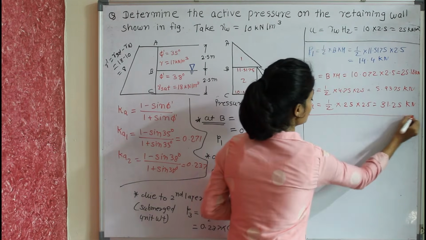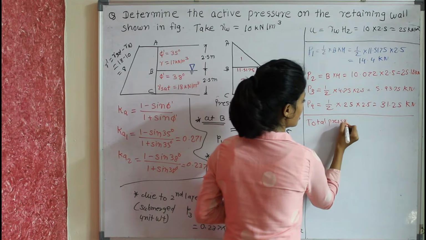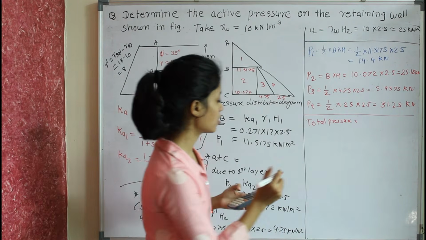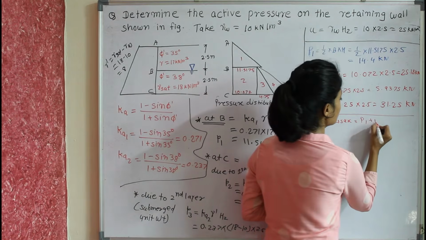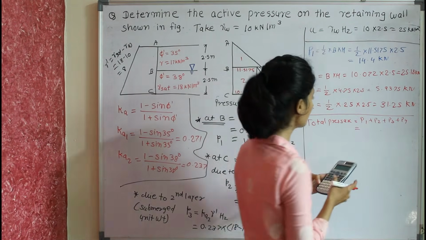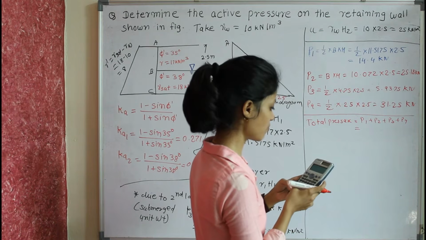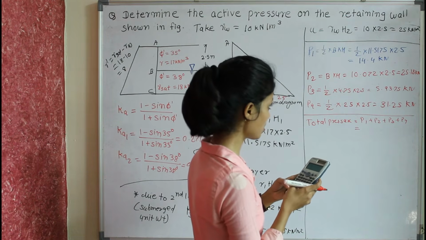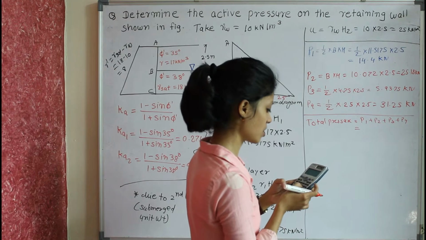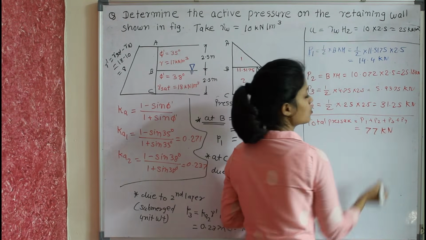Therefore, total pressure equals P1 plus P2 plus P3 plus P4, which is 14.4 plus 25.18 plus 5.9375 plus 31.25, that is 76.76, about 77 kilonewton.